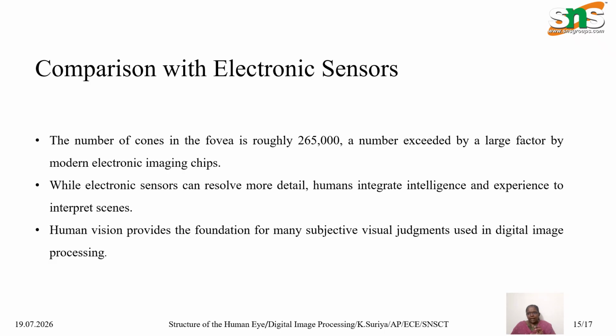However, despite having fewer receptors, the human visual system performs exceptionally well because the brain intelligently interprets the patterns, fills in missing information, recognizes objects, and understands the context. This combination of the eye and the brain makes human vision highly efficient and serves as the foundation for many image processing techniques used today.